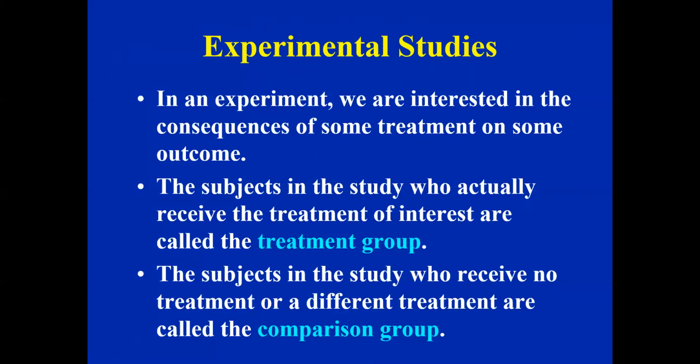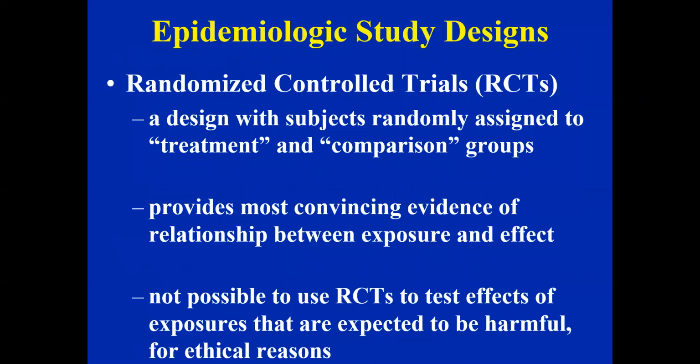So I think this is clear. And remember, we said experimental studies, you assign your exposure, and this exposure can be treatment, can be whatever, and we also want to see what is its effect on the outcome.